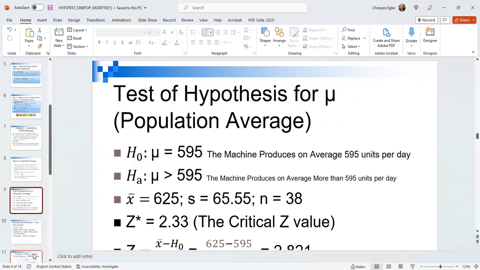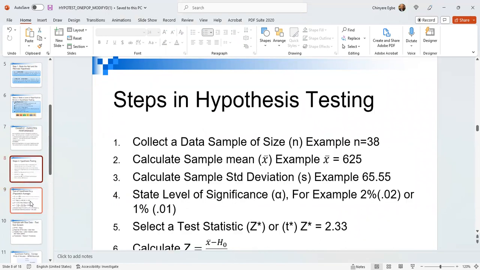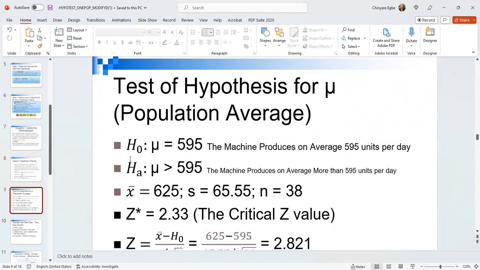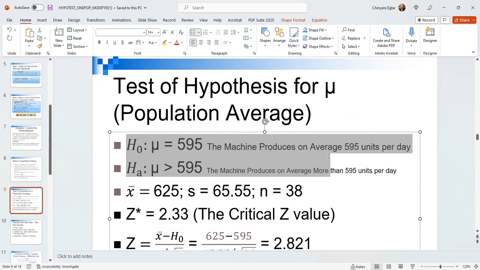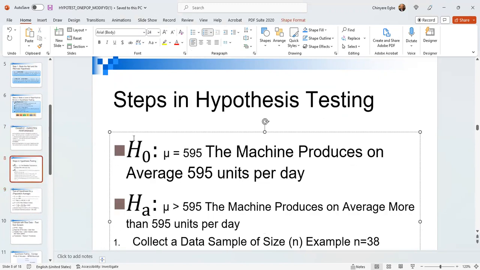Before you actually collect data and test your hypothesis, you should really do this first. So let's go back and do first things first.